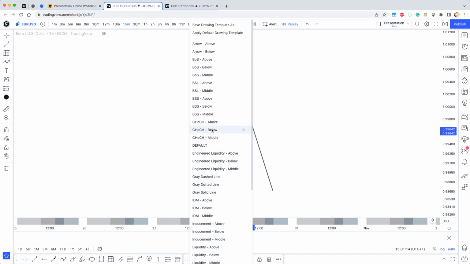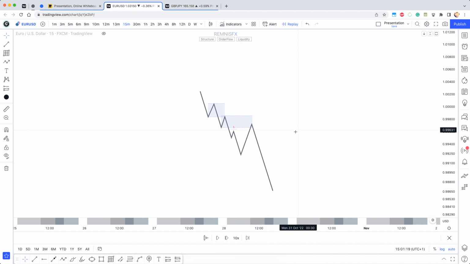And why do I mention this? Because I will show it to you guys in the real life charts that this can be a very powerful combination, right? The order flow areas, the inducement or liquidity, and then a sweep of the inducement into an order flow area, right?